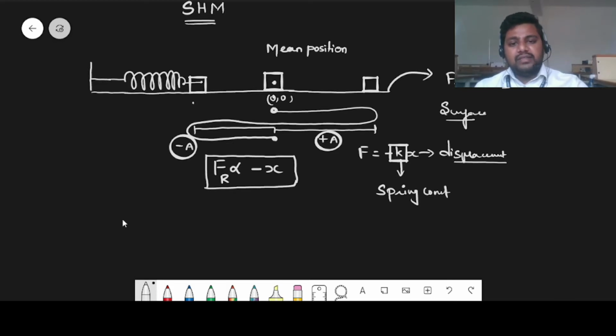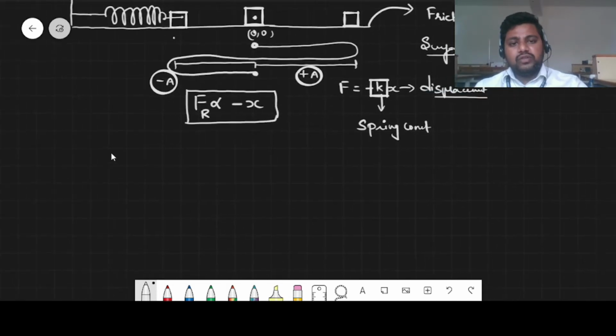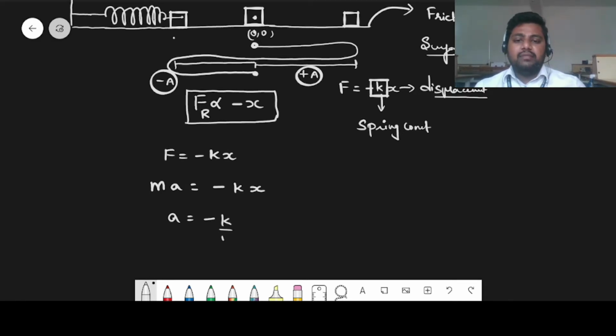If we are analyzing the equation of force, F is equal to minus kx. In general, force can be written as mass into acceleration, which is equal to minus k into x. Acceleration can be written as minus k by m into x. Now, the general equation of SHM can be written as a is equal to minus omega square x.